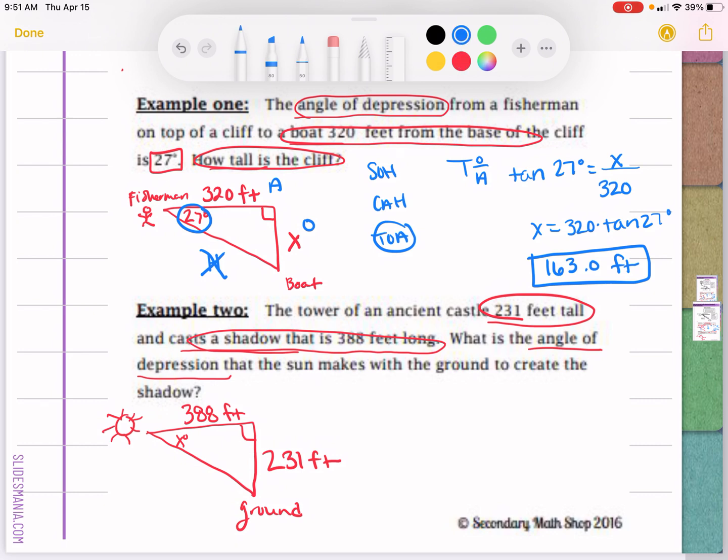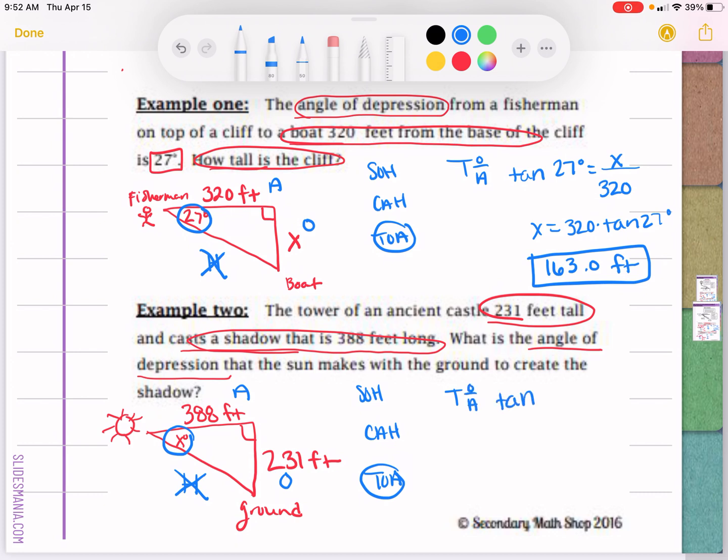I'm going to go ahead and label my hypotenuse. This is my angle, so 231 is opposite, 388 is adjacent, and I'm going to cross out my blank side. So here, if I'm choosing between SOH, CAH, and TOA, I use TOA because it has A and O.